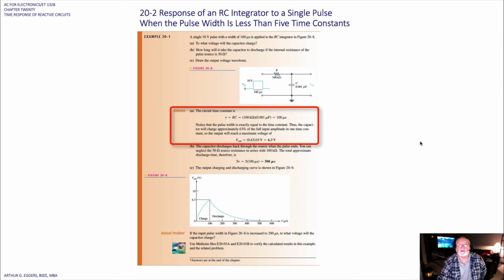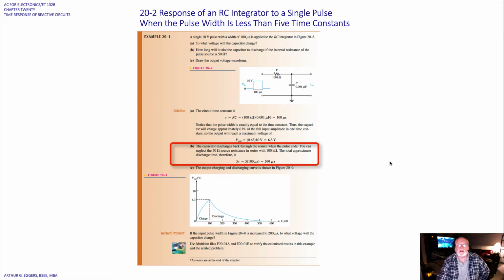Thus, the capacitor will charge approximately 63% of the full input amplitude in one time constant. So the output will reach the maximum voltage of, remember from our previous studies, 0.63, that's 63% of the peak voltage, which gives us 6.3 volts.